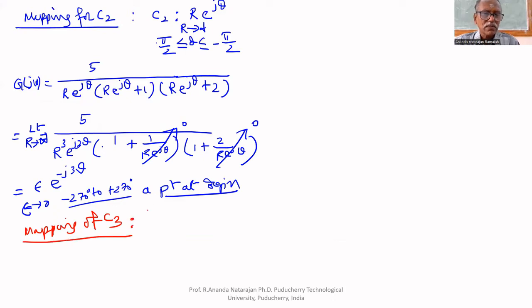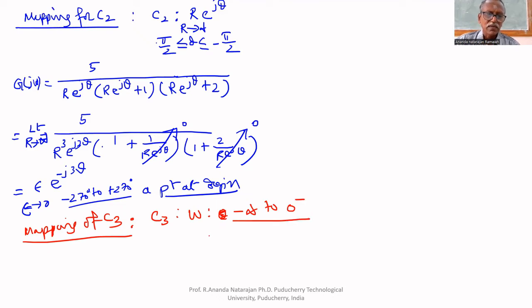C3 means omega varies from minus infinity to 0 minus.